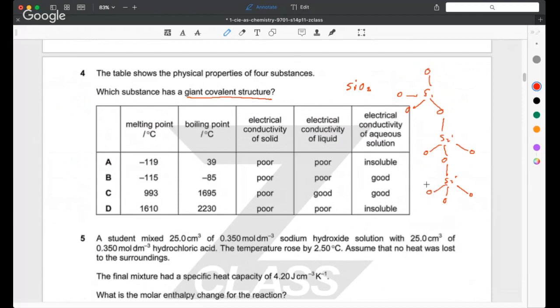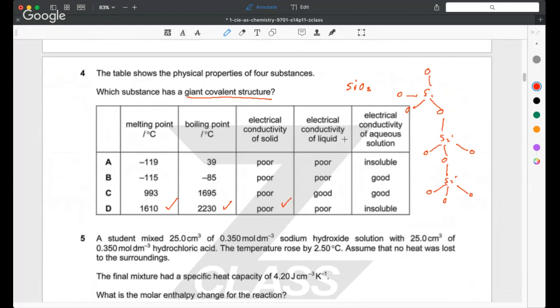All right? And you can see that because you've got this giant structure with all these covalent bonds linking all the atoms together, that is, of course, going to have a very high melting point. To be an electrical conductor, you would need to have delocalized electrons available, and there's none there, so it's going to be a poor electrical conductor in the solid.